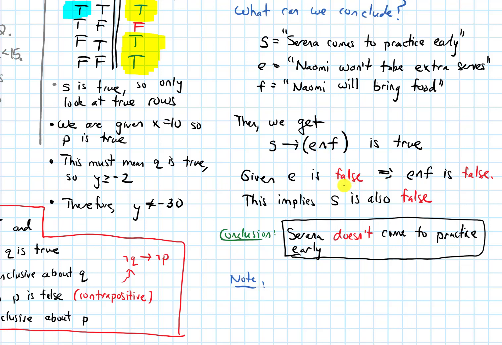And that's what let us conclude that S was false. But if the E and F portion was true, then we could not conclude anything about S.